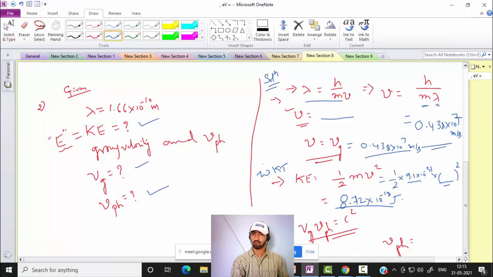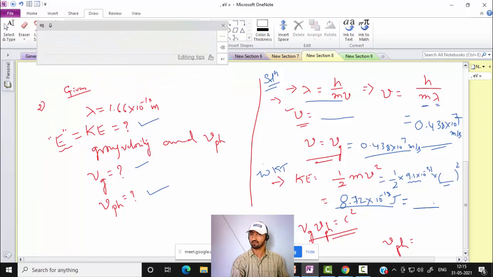You may convert this to electron volt, though it is not necessary. Since 10^-18 joules is very small, you may convert that to electron volt. To convert, you divide this value by 1.6 × 10^-19. Then the value will be around 54.7 electron volt.